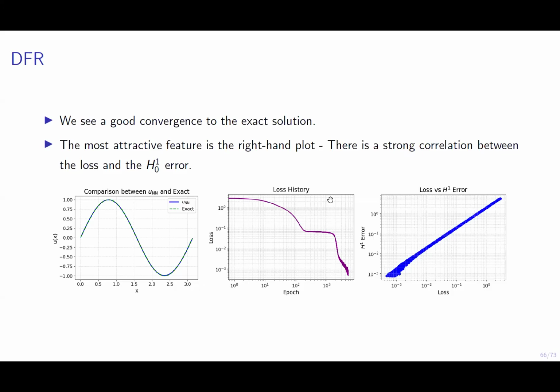At every iteration, I measure my loss, and I also measure my error in H1. I have the loss on the bottom and the H1 error on the left. And what we see is a very, very good correlation between the two. This is a very desirable property. I know that if I reduce my loss by a factor of a half, I'm reducing my error by a factor of a half, which doesn't always happen with other formulations.